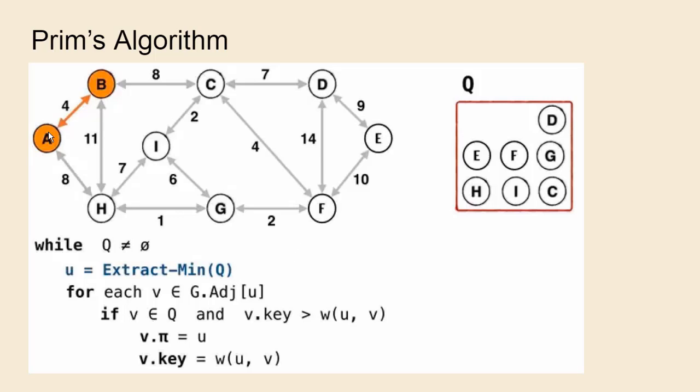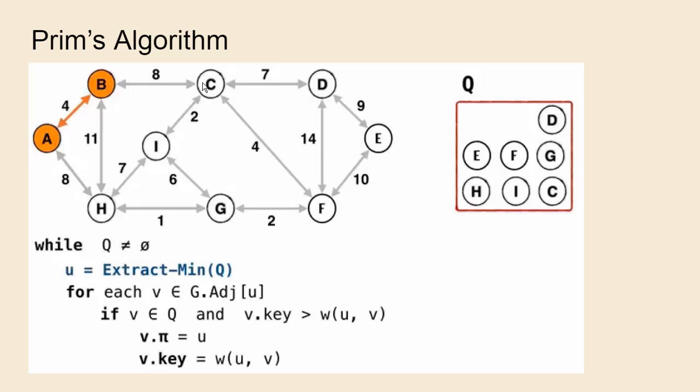We start from A. After we look at A, the distances of B and H are 4 and 8. Then B has the smallest weight. We add B, and because B's distance to H is 11, 8 is still the shortest distance. Then C now has a distance of 8, and at this point we can choose either C or H; either way is equivalent.